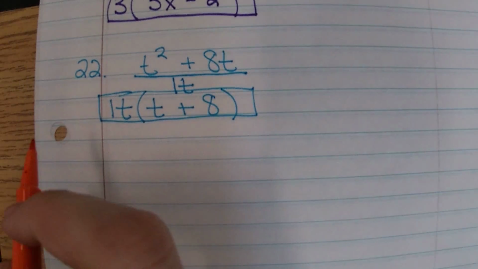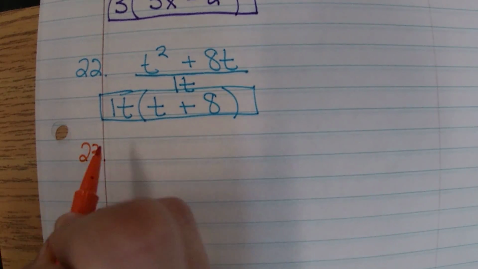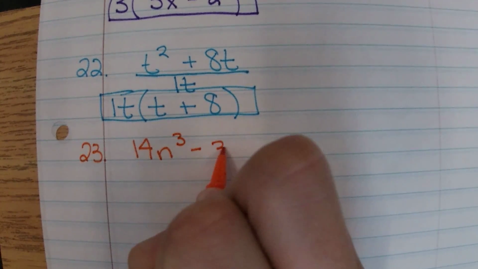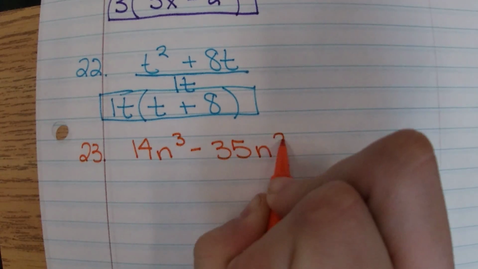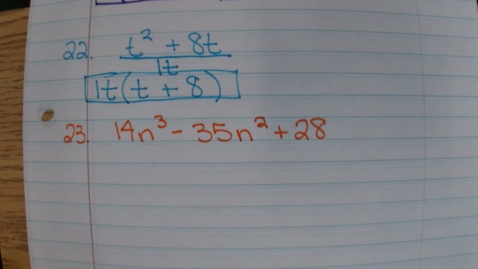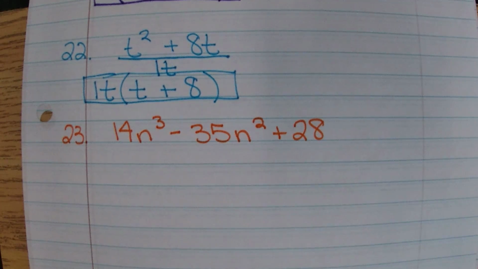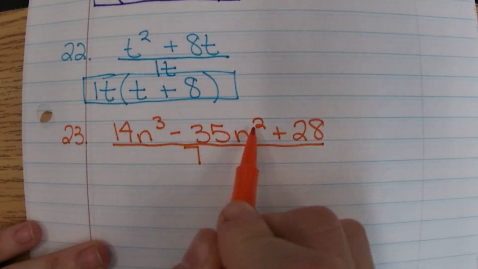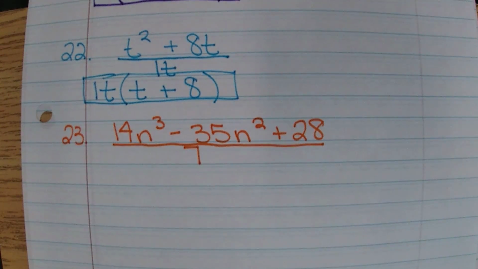Number 23. The original problem is 14n to the third minus 35n squared plus 28. Okay, so we divide out a 7. 7 will go into each of them. They do not all have the variables, right?